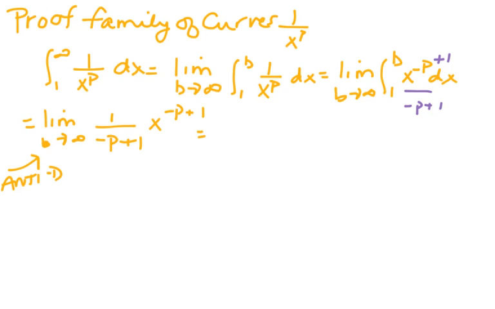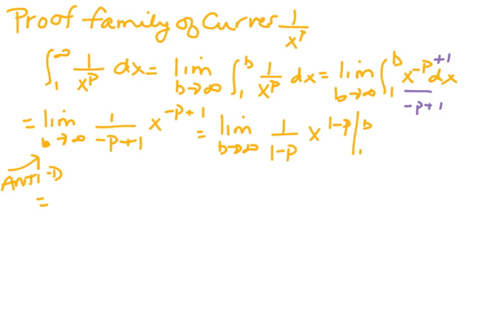Now I'm going to rewrite this a little bit. I'm going to evaluate the limit of 1 over 1 minus p, x raised to the 1 minus p, between 1 and b.